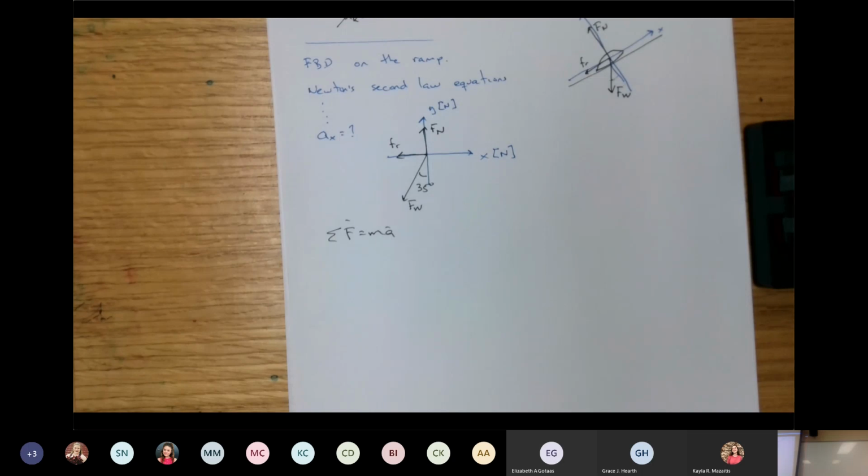Yeah, correct. It's the component along x of the normal force. These will be equal to mass times acceleration. Okay.